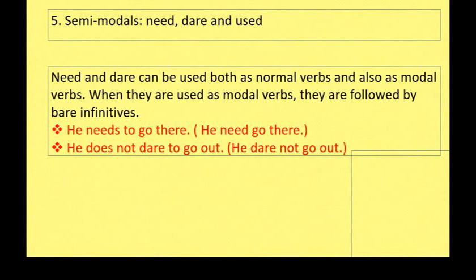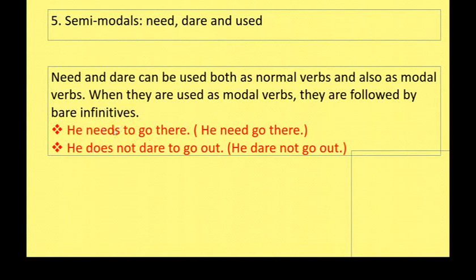The semi-modals are need, dare, and used. Need and dare can be used both as normal verbs and also as modal verbs. When they are used as modal verbs, they are followed by bare infinitives. He needs to go there.